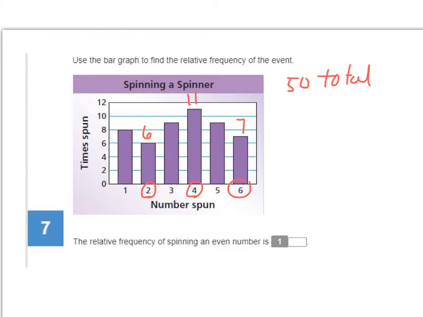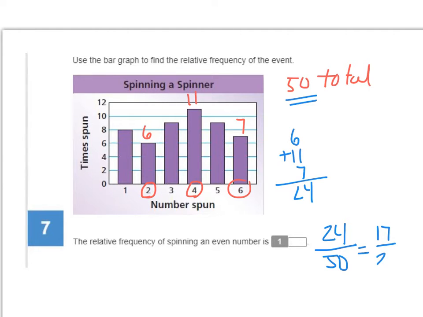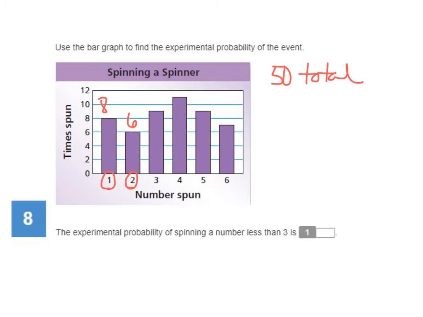So if we add 6 plus 11 and 7, we're going to get 24. Is that right? That's 7, that's 14, yep, 24. So then the relative frequency of spinning an even number would be 24 out of the 50 total. And yep, you could simplify that, divide top and bottom by 2, and you'd get 12 out of 25.